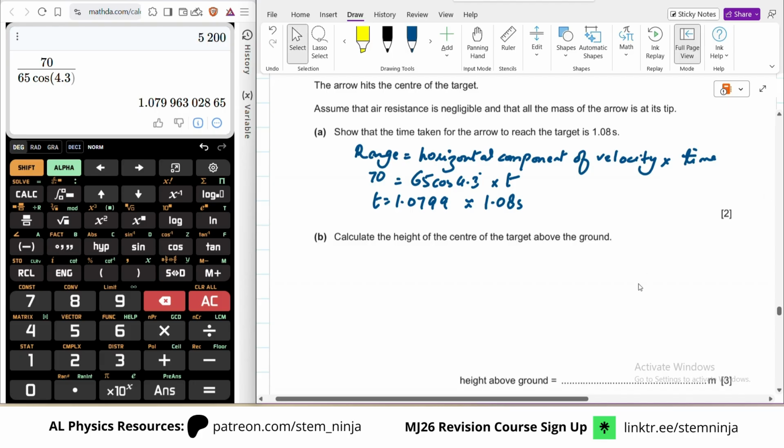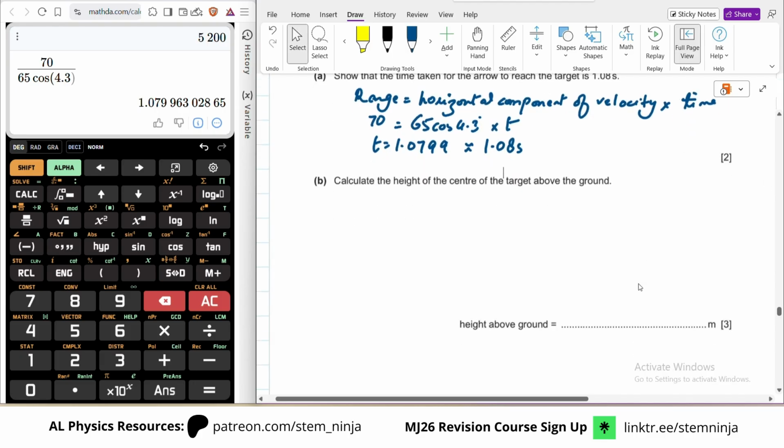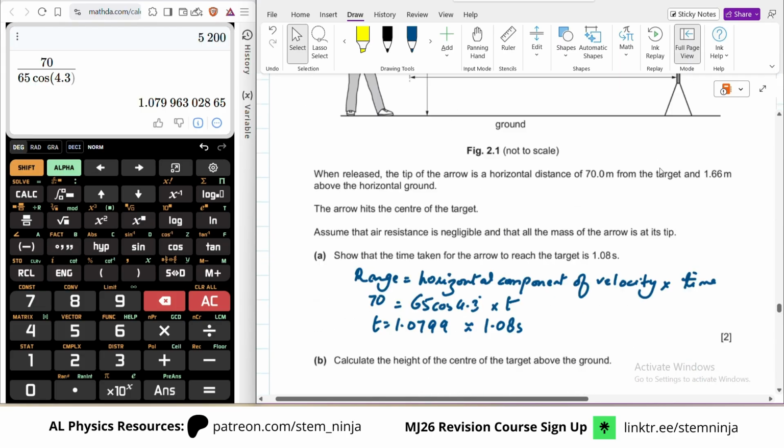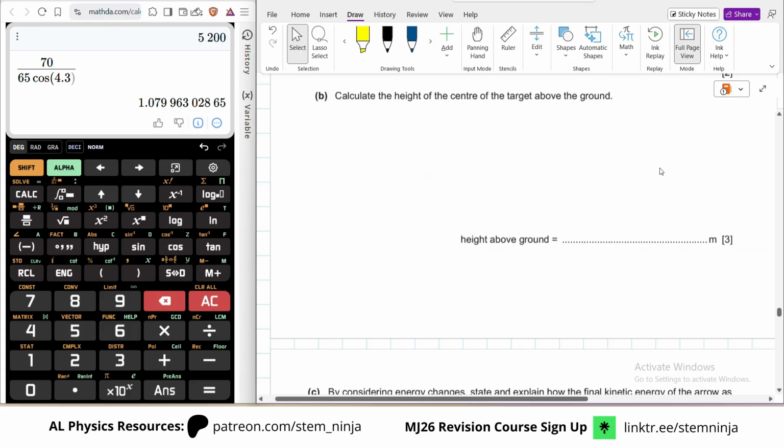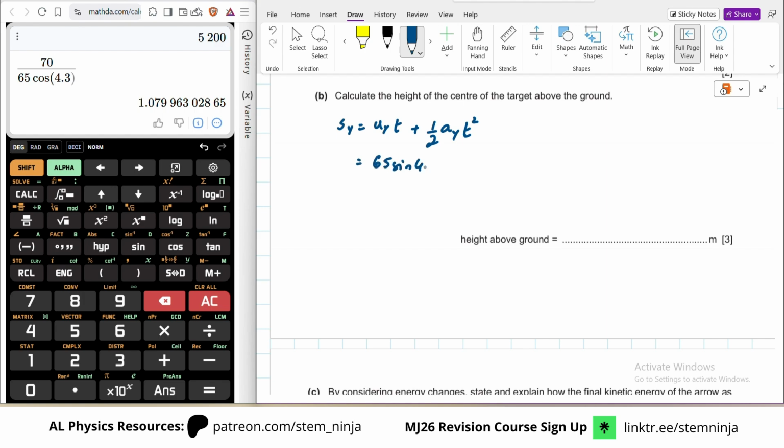Calculate the height of the center of the target above the ground. So now we need to see the vertical component of velocity. First we need to find S_y equals u_y t plus half a t squared. So this would become 65 sine 4.3 degrees times 1.08 minus half of 9.81 times t squared, which is also 1.08 squared.